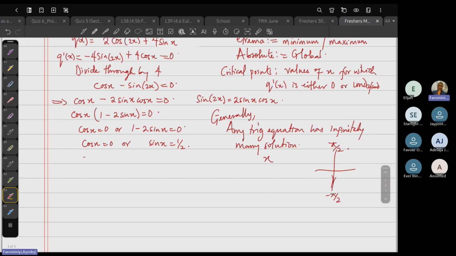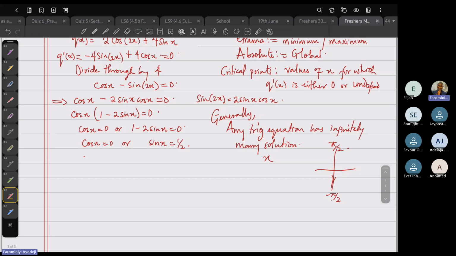So this guy downstairs here is negative pi over 2. It is also 3 pi over 2. So if we continue to add 2 pi's to these two values, we are going to get solutions to this cos x equals 0. So any odd multiple of pi over 2 is a solution to this.